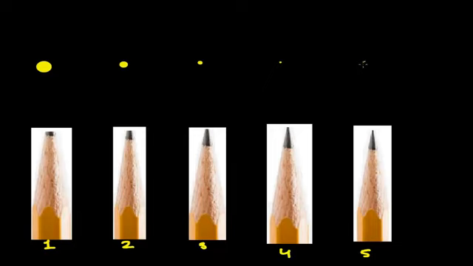If the tip of a pencil is much more sharper than this, infinitely sharp, then when you make a dot with such a pencil, you'll get a structure that is even thinner.